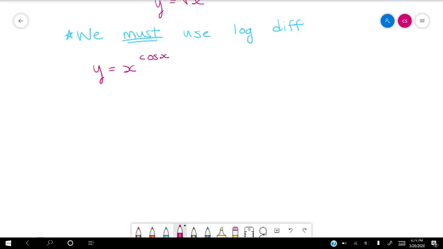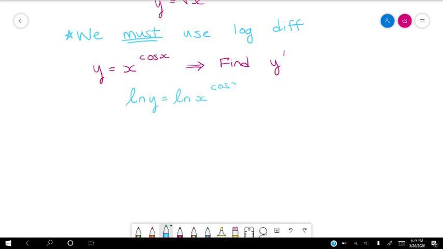Again, there's a variable in the base and a variable in the exponent. And the instructions would be, differentiate, find y prime, find dy dx, something like that. We have to notice first that there's a variable in the base and a variable in the exponent. We have to remember our strategy. That's telling us we have to use logarithmic differentiation. So what's that process? Well, first we're going to take the natural log of both sides.